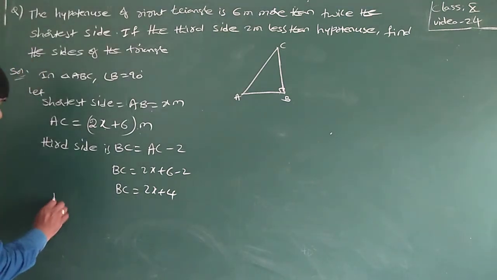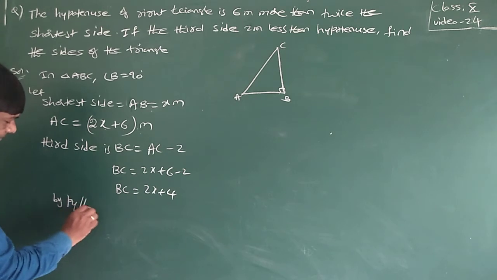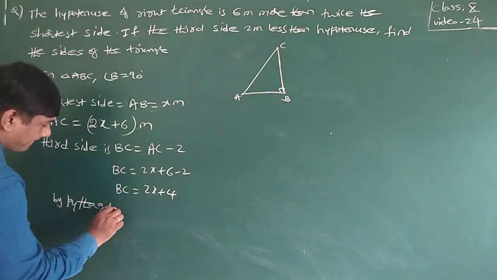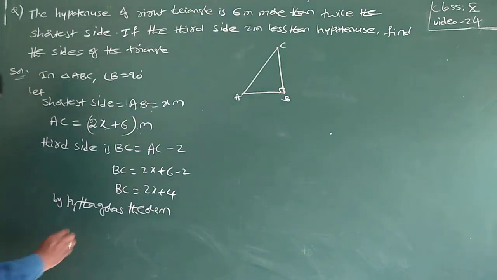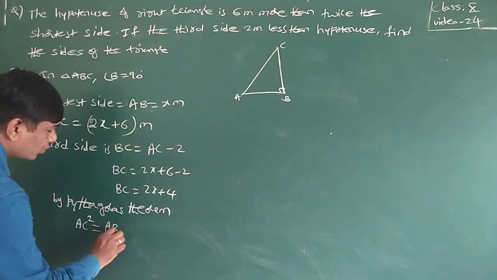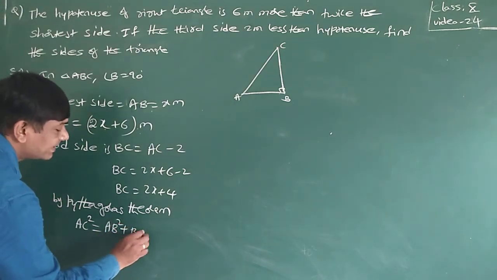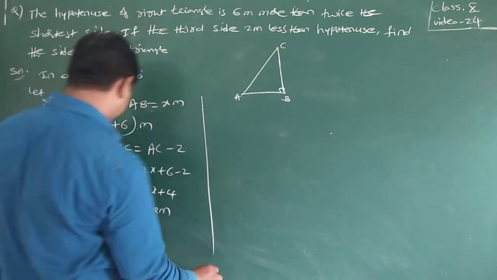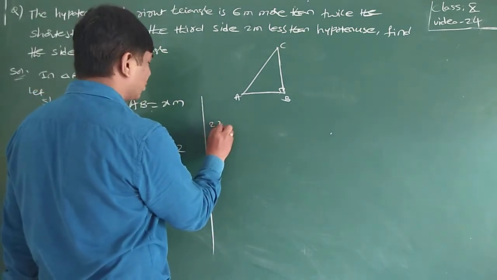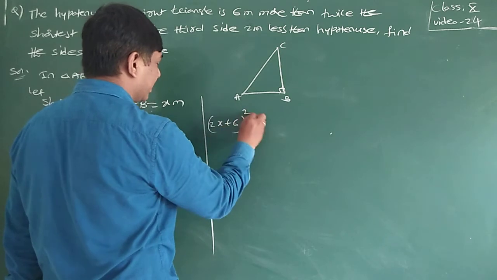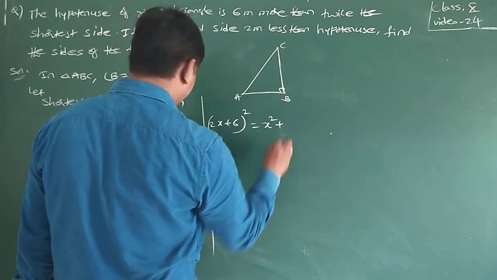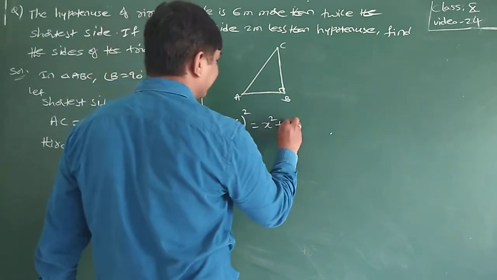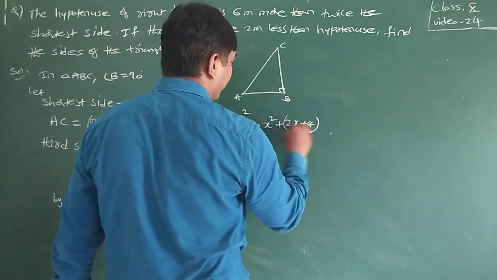Now by Pythagoras theorem, AC square is equal to AB square plus BC square. Now AC is 2x plus 6 whole square, is equal to AB, x square, plus BC, 2x plus 4 whole square.